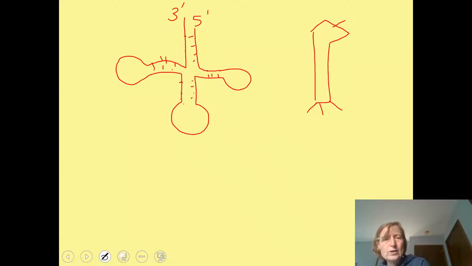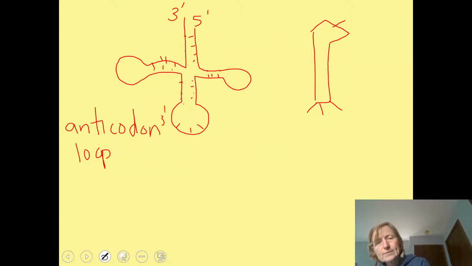The anticodon loop is down at the end of the molecule. Now it runs 3' to 5', and the anticodon loop is made up of 3 nucleotides that recognize and bind to a codon. The anticodon loop complements a codon on the mRNA molecule.